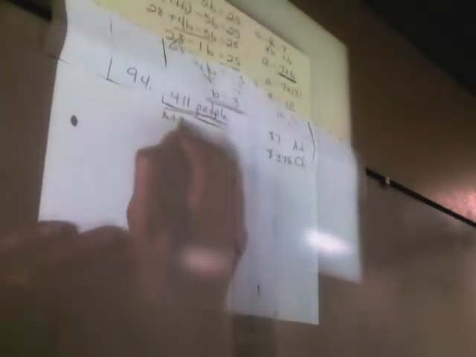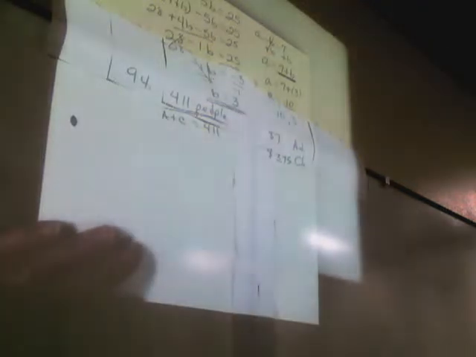94. 94 says there were 411 people. And it says you pay $7 for adults and $3.75 for children. So that means your adults plus your children is your total. So your adults plus children equal 411, and it also gives you the total revenue, what all of it adds up to.